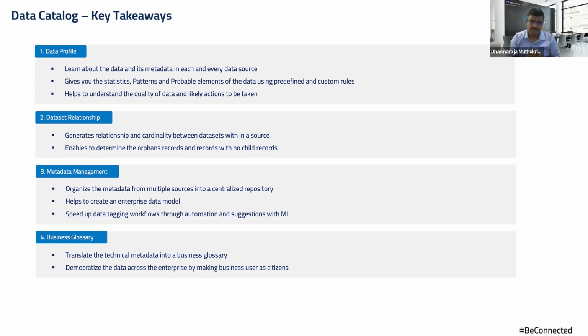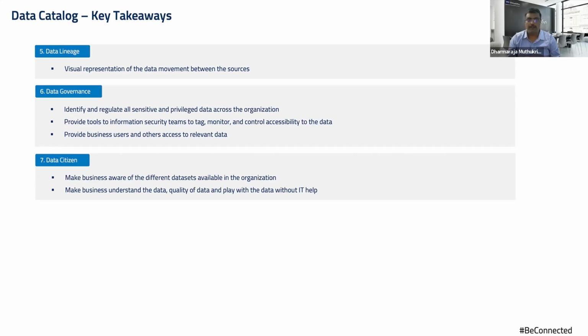So he will be able to see the clear difference between the data across the enterprise, by making the business users data citizens. Because with the use of data citizens, you will be able to democratize. You can clearly understand which area is dealing with which type of data. That is clearly understood with the process of data cataloging.